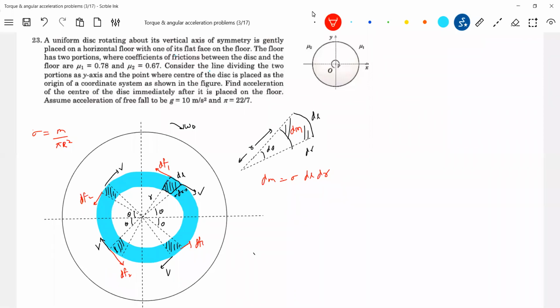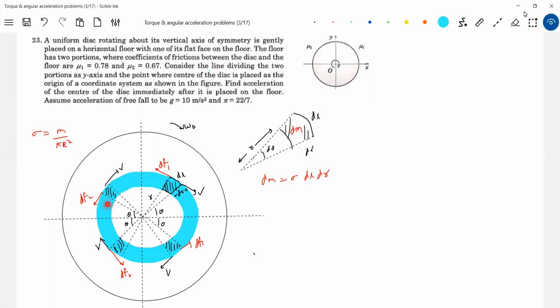Let's get into it now. How will the forces act here? You resolve this force, df1 cos theta, df1 sine theta. Here also df1 cos theta, df1 sine theta. So the horizontal components of these strips will get eliminated, equal and opposite on this quarter circular arc.